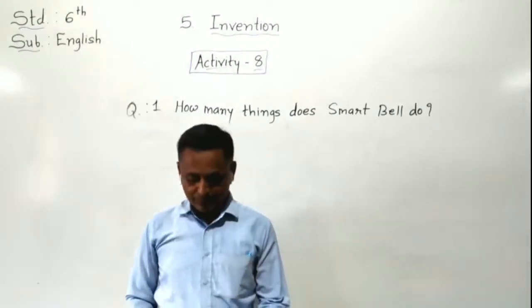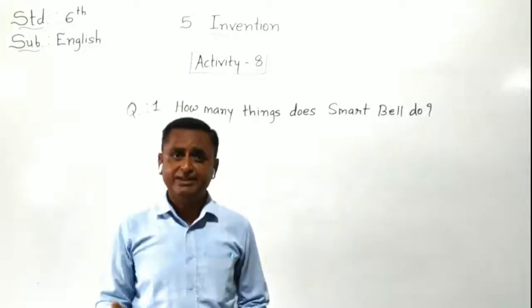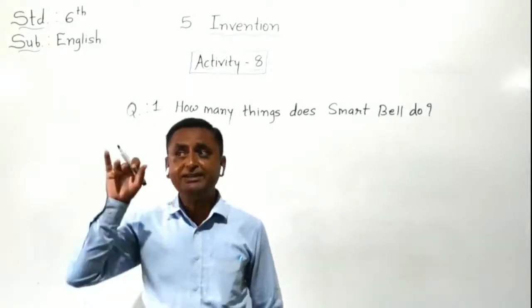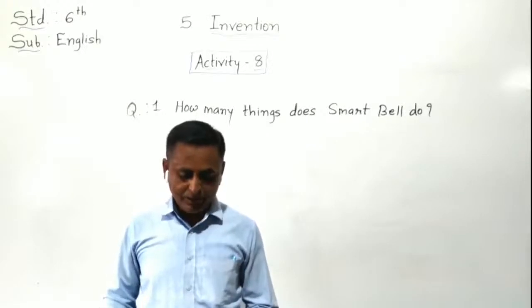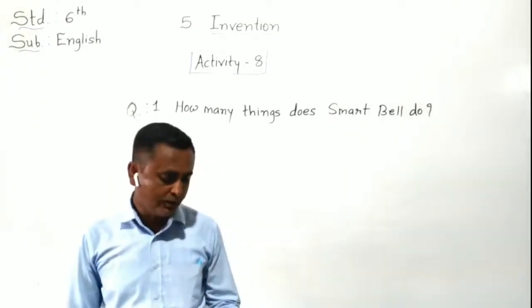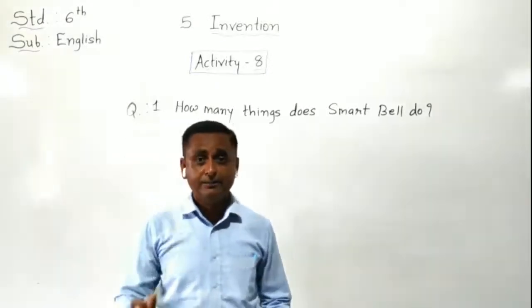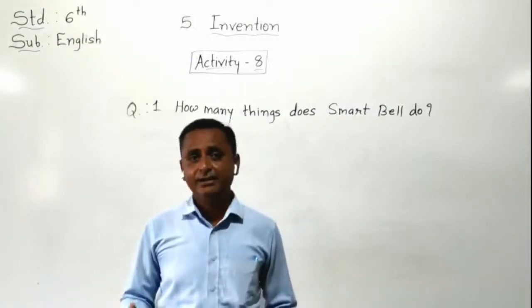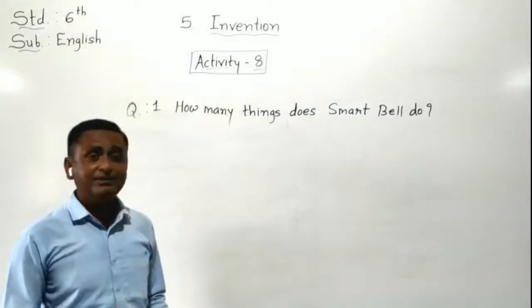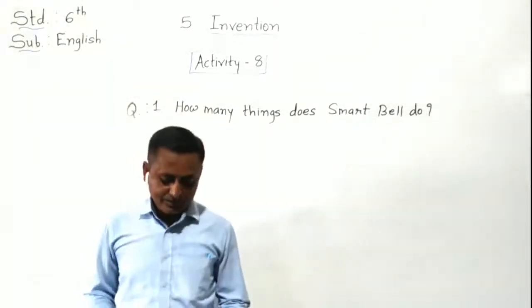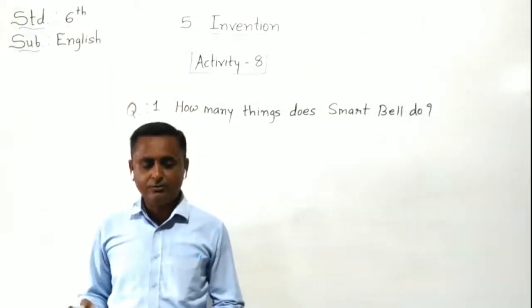Okay? Now next, after pressing the smart bell switch, after 10 seconds, if the owner of the house does not answer the doorbell, if within 10 seconds the owner of the house does not give any answer, any response, the smart bell dials the owner of the house.